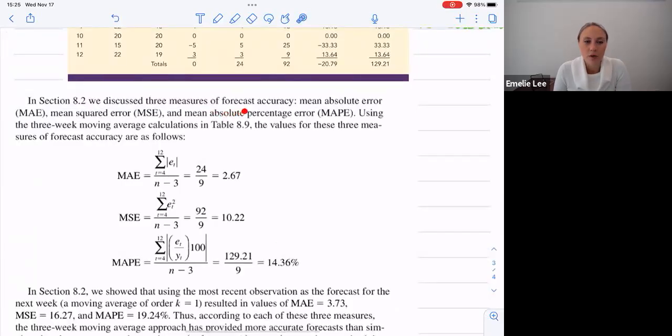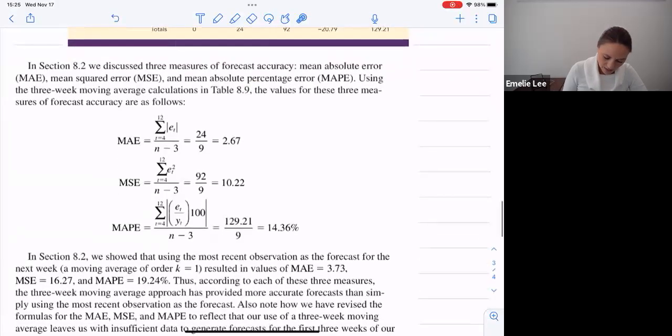If we talk about the forecast accuracy, because we're using the same example data, the gasoline sales, we can compare values of the MAE, the MSE, and the MAPE. What we have now is n-3, because 3 is the number of the moving average, since we have a 3-week moving average.